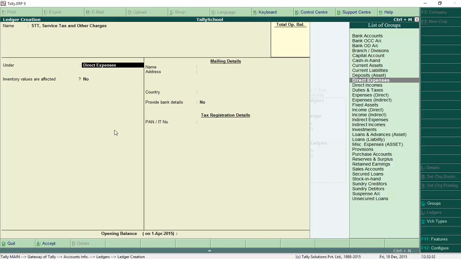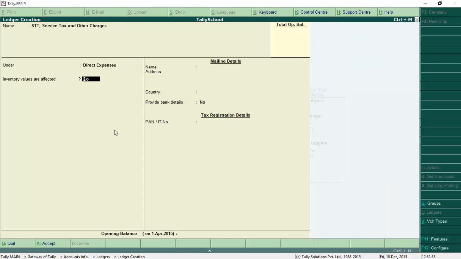Now this will also be under direct expenses because it is our direct expense, and inventory values are affected will be set to no. So we have created the stockbroker's ledger, share purchases ledger, share sales ledger, share brokerage ledger, and STT, service tax and other charges ledger. So not 4, sorry, 5 ledgers we have created.